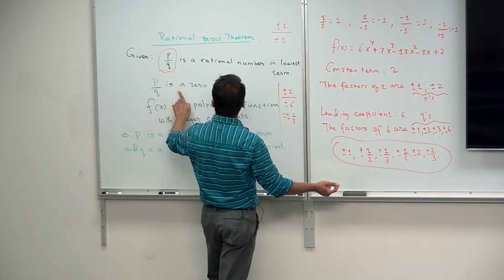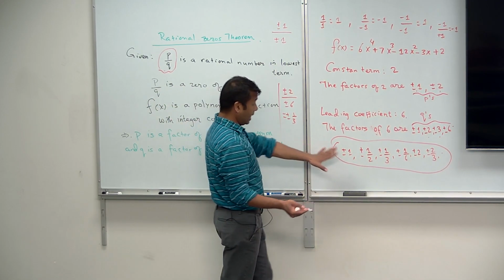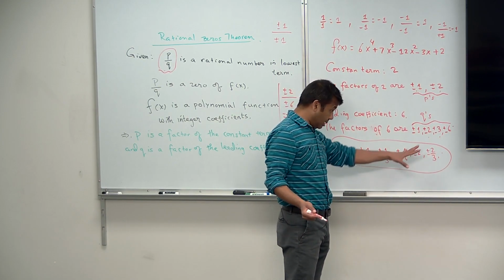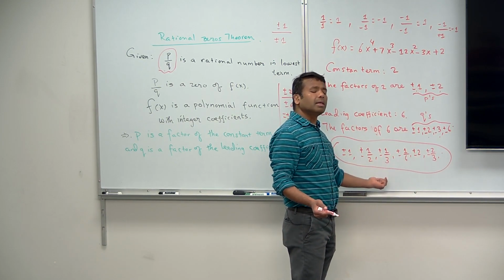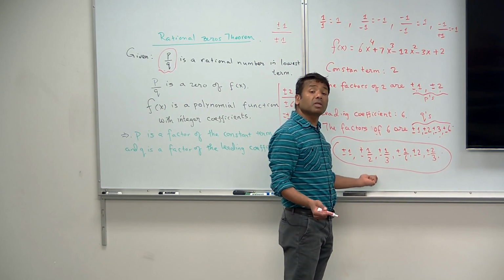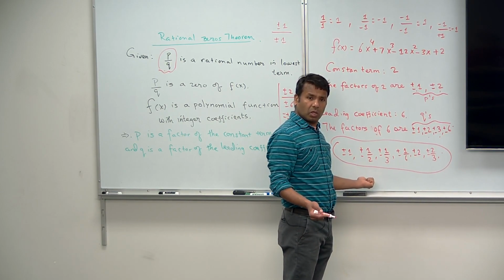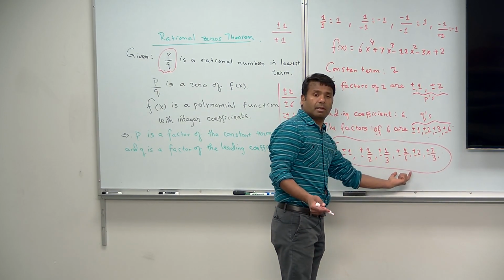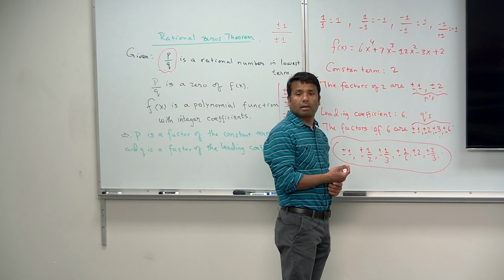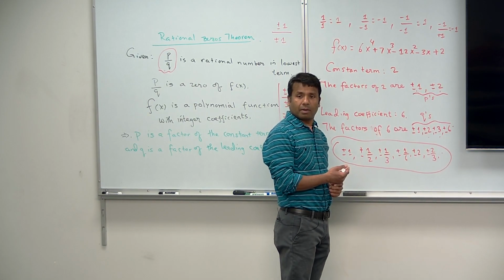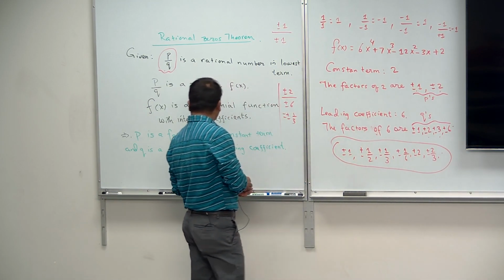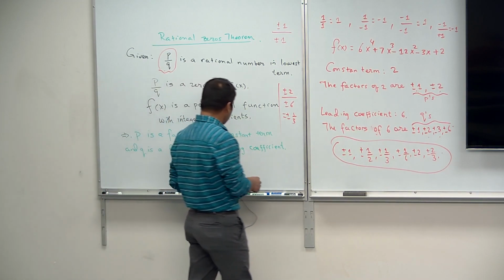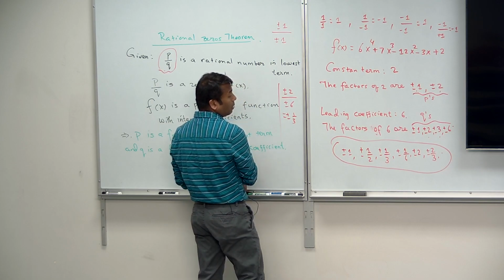And if P over Q is a zero of f(x), these values are zeros of f. Here is the list of possible zeros. You know what I mean? So the zeros of this polynomial function are here. That makes sense? And now, this is the answer for part A: list all possible rational zeros.